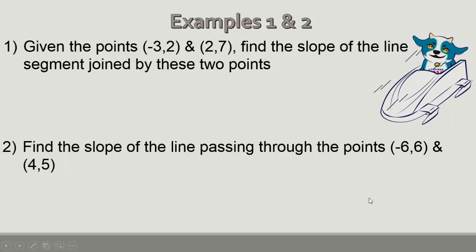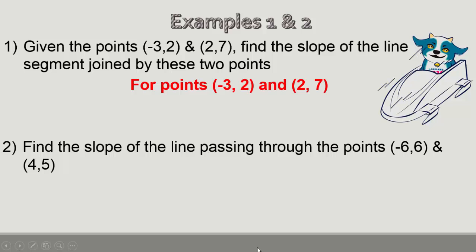In reviewing what we just did on the whiteboard in example number 1, we had 2 points, -3 for the x and 2 for the y, and the other point 2 for the x part and 7 for the y part. And we labeled them x1, y1, x2, y2.